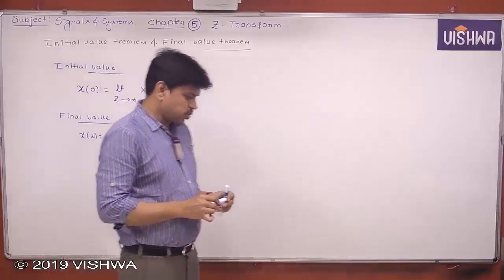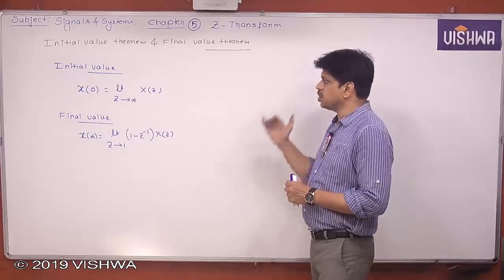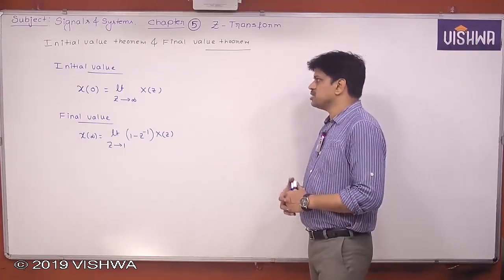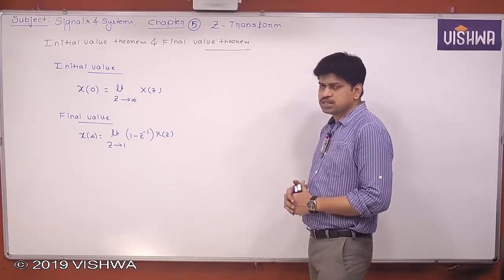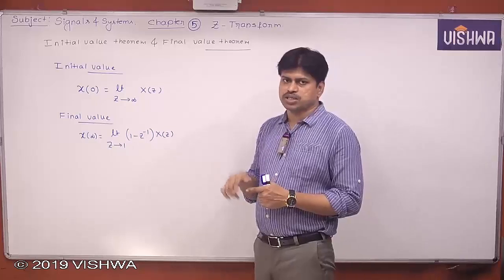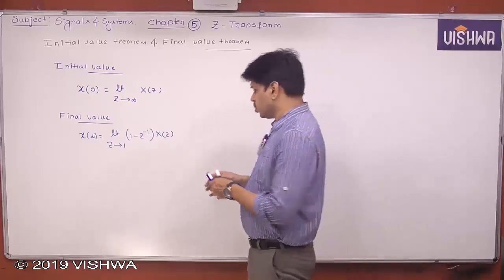Clear? So here also we are having conditions. That means if the conditions are met, then only we can apply initial value theorem and final value theorem. If the conditions are not met, then we have to go for the original method. That means we have to calculate x of n. From that x of n, we have to substitute n is equal to 0, n is equal to infinity. So what are the conditions?